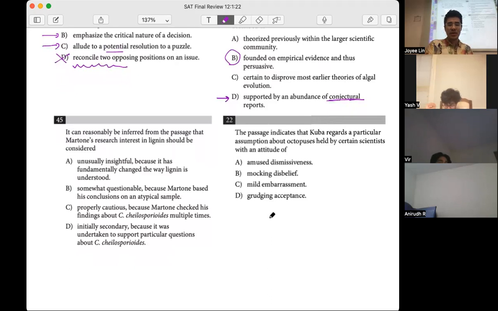Okay, this one, 22. So we're making an assumption about octopuses, and then how would you regard this one scientist, or how would other scientists regard him? A, maybe. Maybe A potentially.